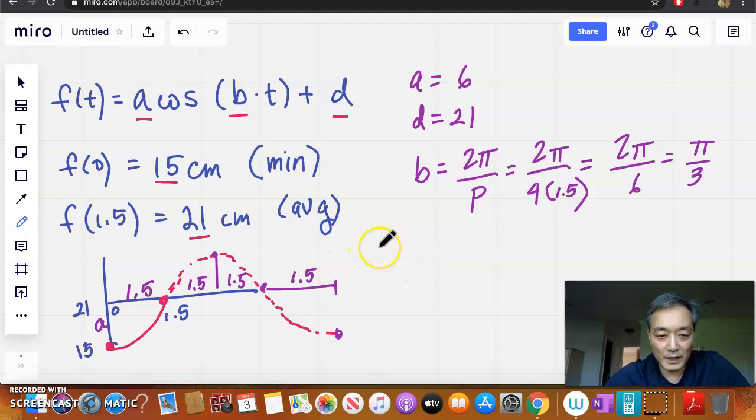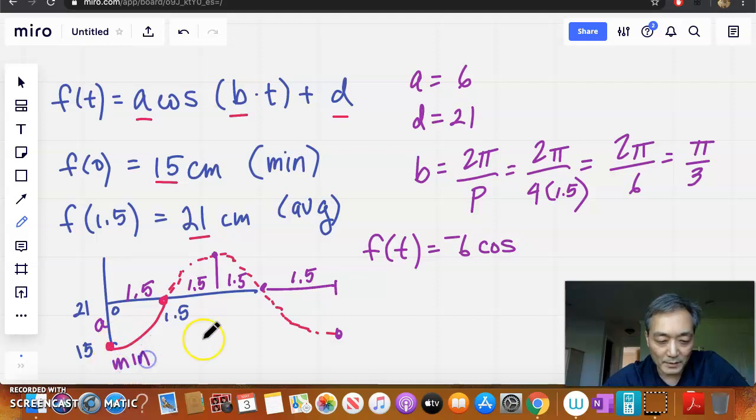So our function f of t is equal to a 6 cosine. Now remember, cosine normally starts at the max. This is starting at the minimum, so we have to put a negative in front. Cosine is starting at the min, so cosine must be negative.